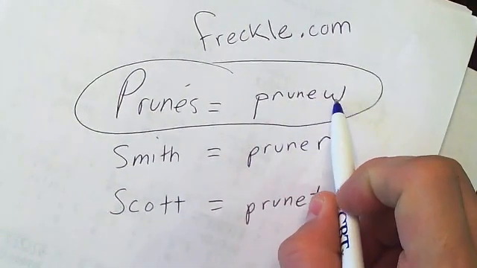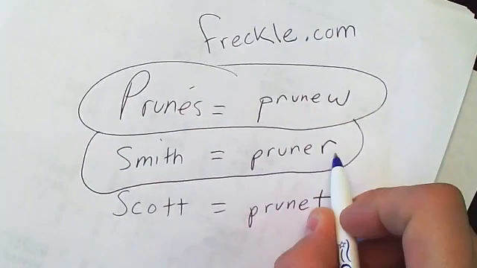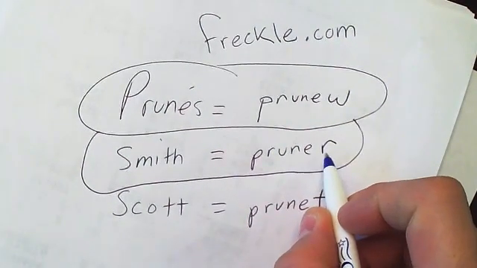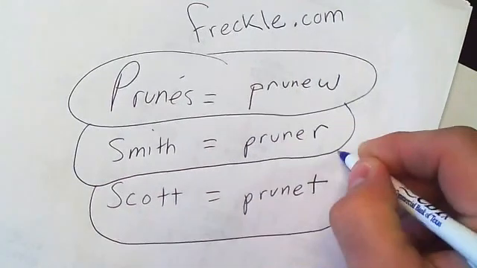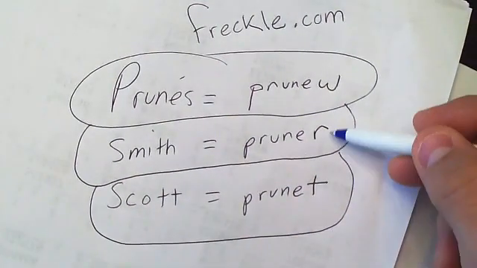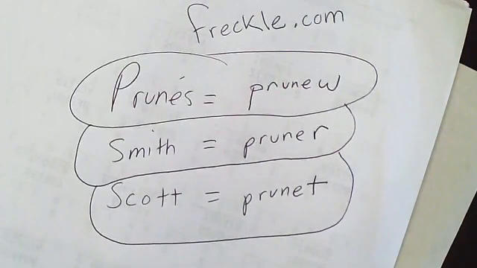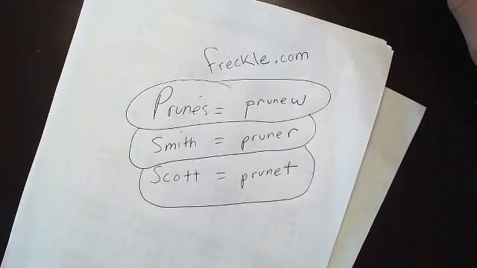So my homeroom is just prune with a W. If you're in Miss Smith's homeroom, it's prune with the lowercase r. And if you're in Scott's homeroom, it's prune with the lowercase t. You'll have to use this class code because your name is attached to that class code. So you'll just type in your first name and your last name. But like I said, if you can't get in, just email me back or Dojo me and I'll be more than happy to get it back to you.